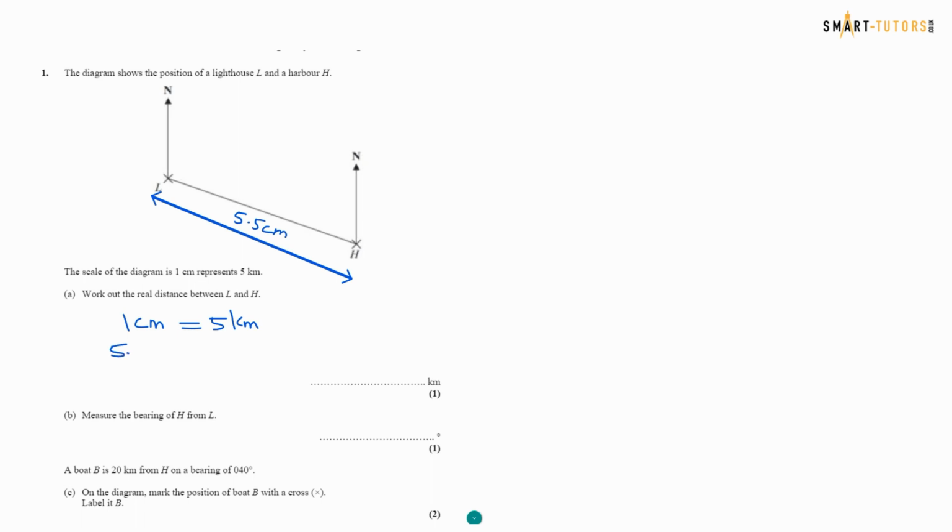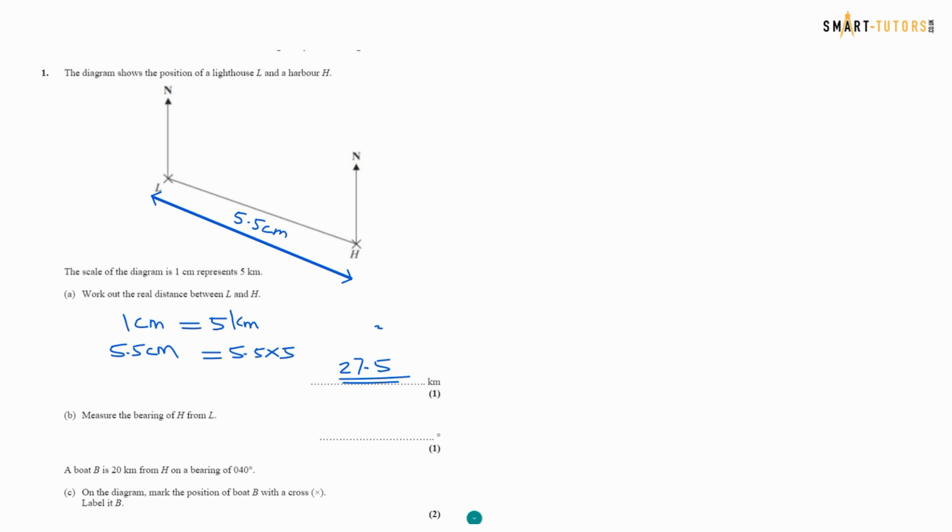So 5.5 centimeters equals 5.5 times 5. So that is going to be 27.5 kilometers. But I'm not saying this is the correct answer because I haven't measured this one. So you need to measure with a ruler and times by 5.